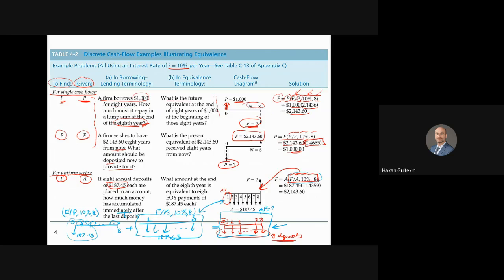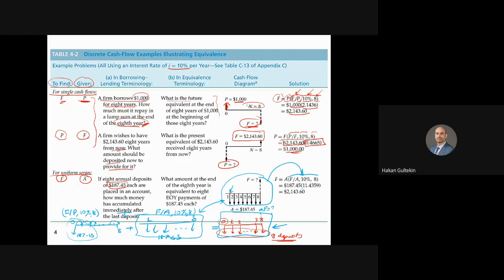But in this question, if it is not mentioned that the first payment appears just now, you should always understand that the first payment occurs at the end of year 1. And if this is the payment series, then this is the factor that you are going to use. So be careful. This is extremely important for uniform payment series.